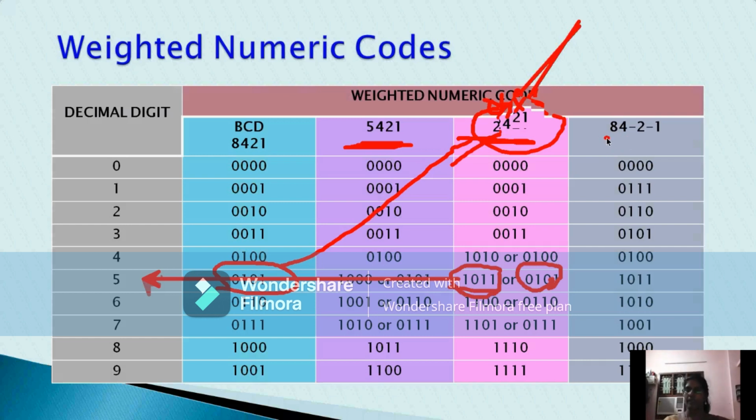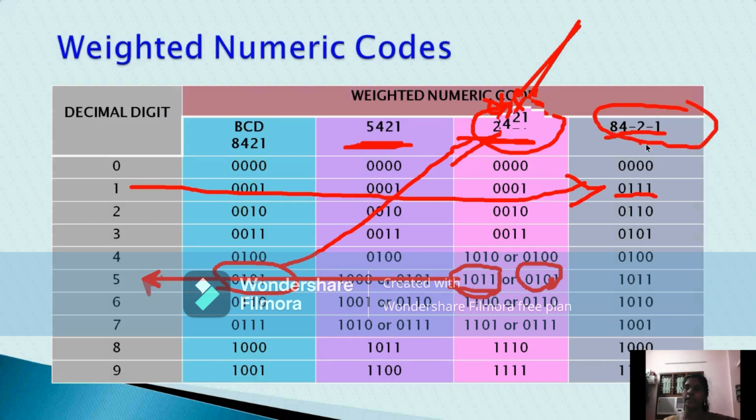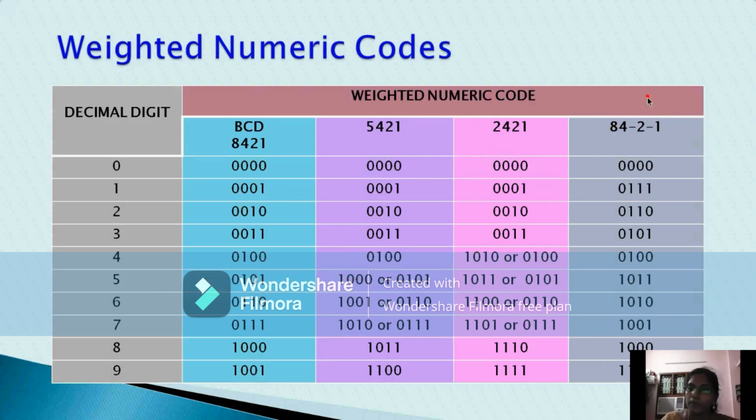Now another one more we see. 8, 4, minus 2, minus 1. Now you tell me for 1. For this one, how did you get this bit pattern using 84 minus 2 minus 1 code, ma? How will you get that 1 now?